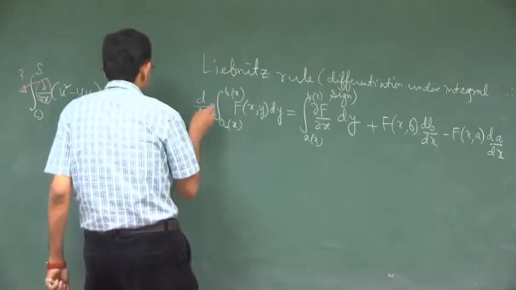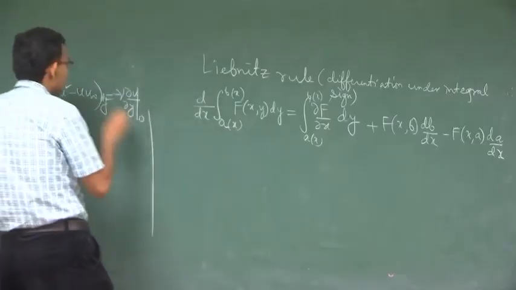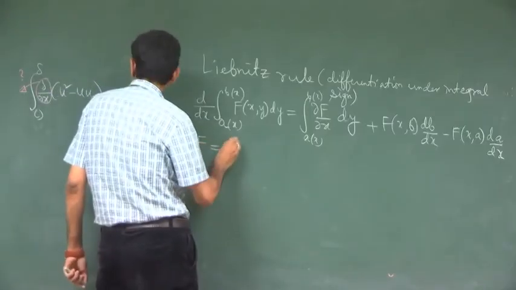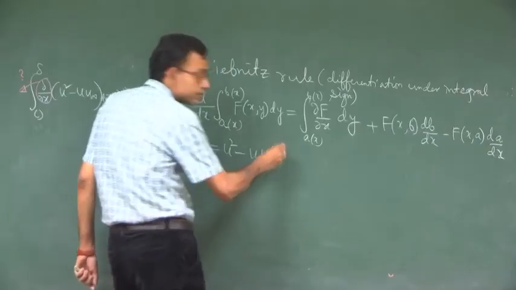In this case, here the f is u square minus u infinity.